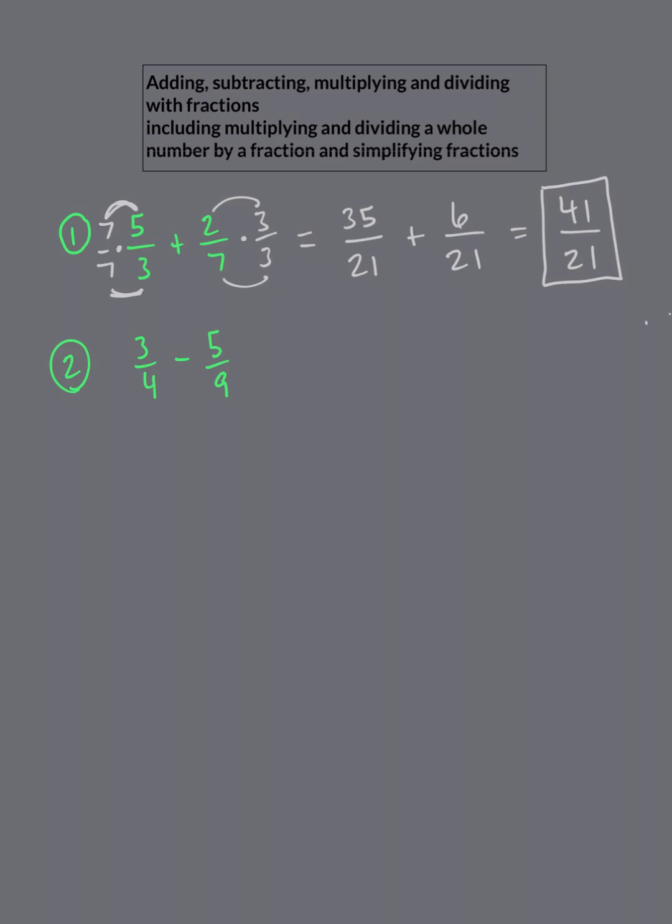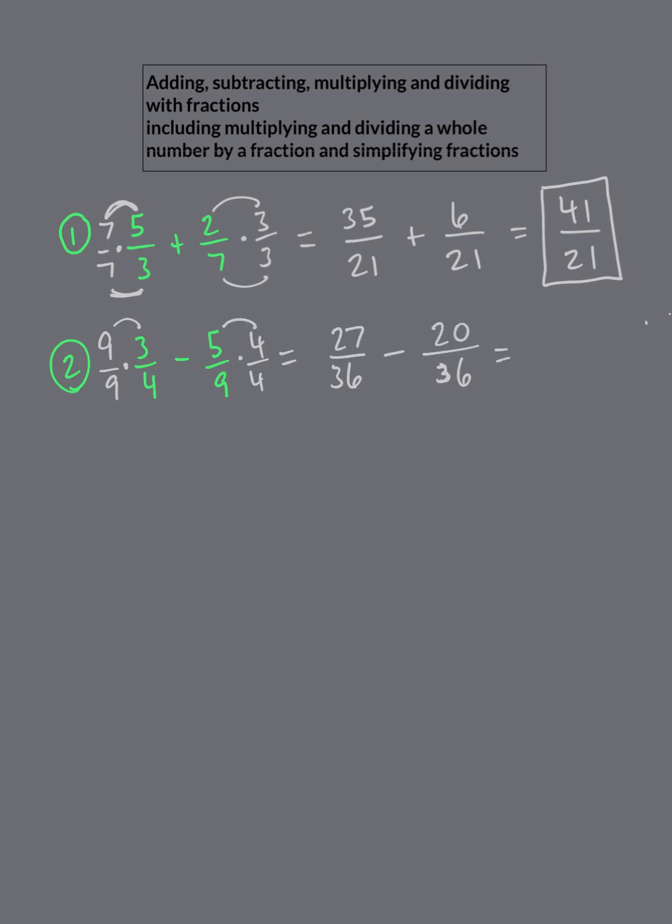Our second example is 3/4 minus 5/9. Since 4 and 9 do not have any common factors, in order to get my common denominator, in order to subtract, I'm going to multiply 4 times 9 and 9 times 4 to get a common denominator of 36. 9 times 3 is 27. 5 times 4 is 20.